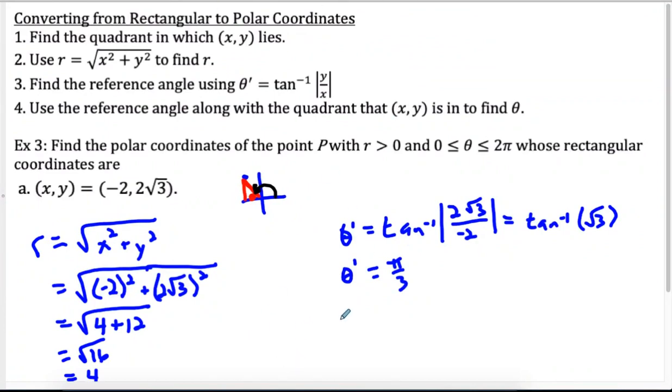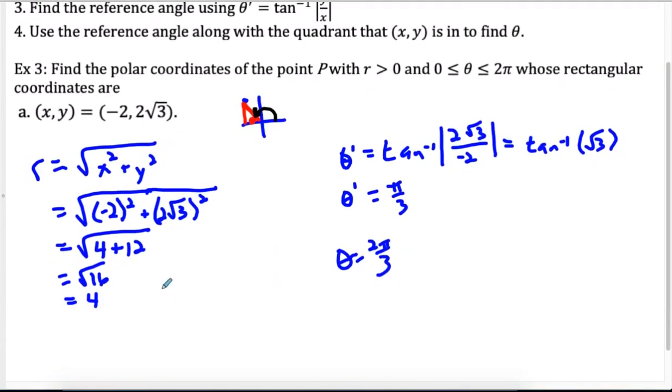So the actual angle that I want is 120 degrees, or 2 pi over 3. So my final answer, converting this point into polar, would be 4, 2 pi over 3, or 120 degrees.